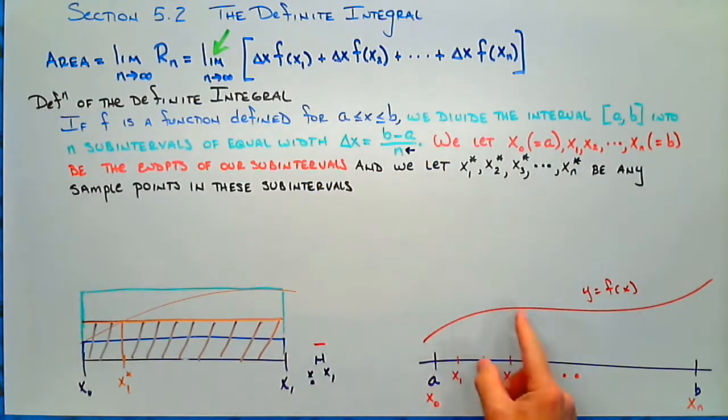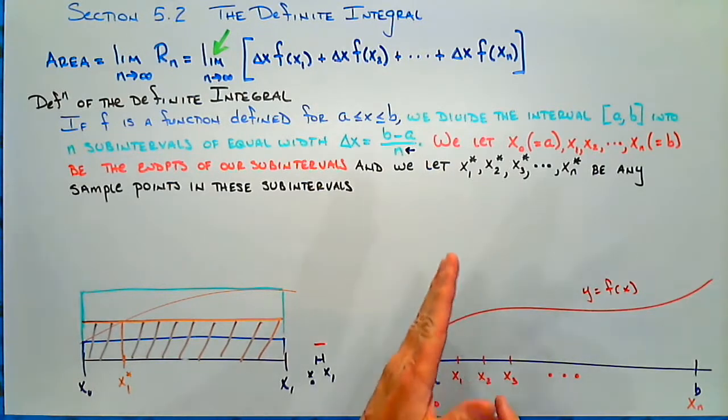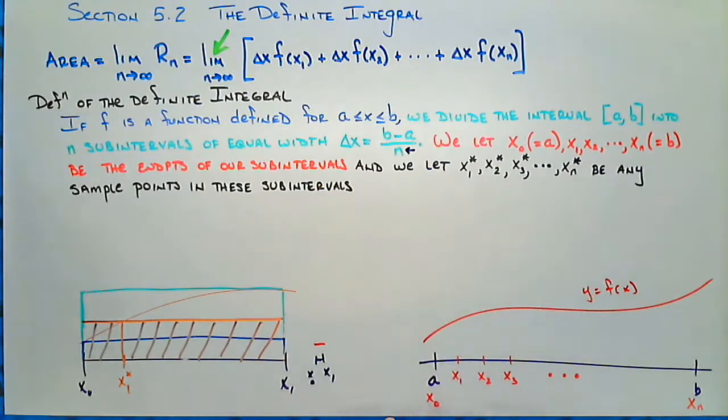Now, I know it has a curve to it, but as this interval gets more and more narrow, the difference between the height on the left-hand side and the height on the right-hand side becomes almost insignificant. That graph would have to be infinitely steep before an infinitely thin interval is going to have a distinguishable difference between the height at one side versus the height at the other side.